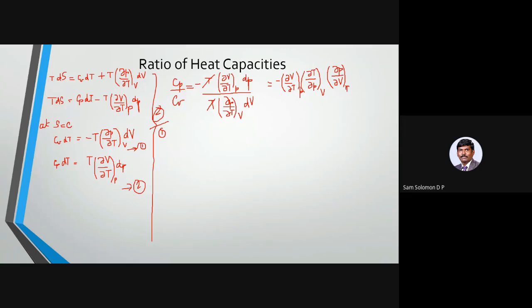So I can write this as constant S. We said at S equal to constant. So dP by dV is at constant S.